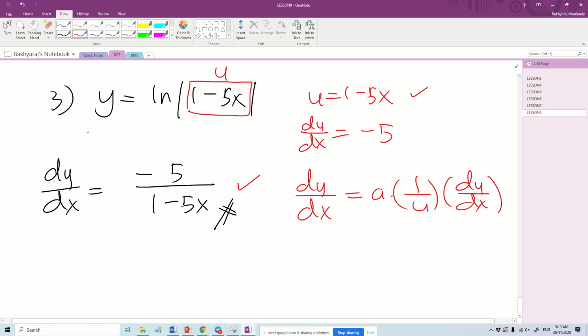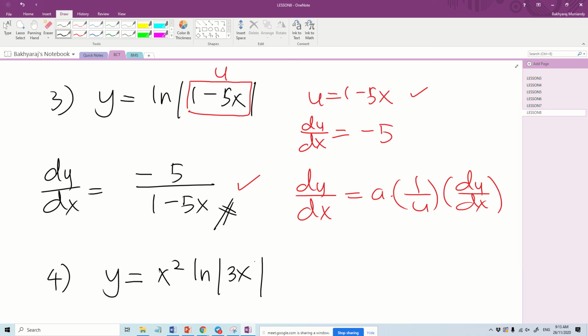Okay, so I think we can go for number 4. This one all not challenging question lah. This is something very easy. This one number 4 is a bit challenging lah. I give you y equal x square and log 3x. Try number 4. So this time your polynomial you have log together.